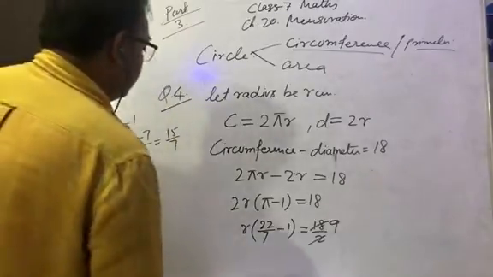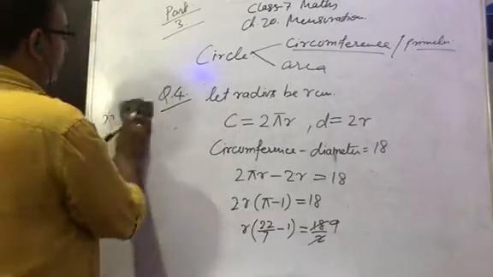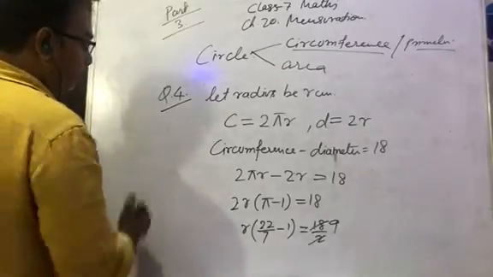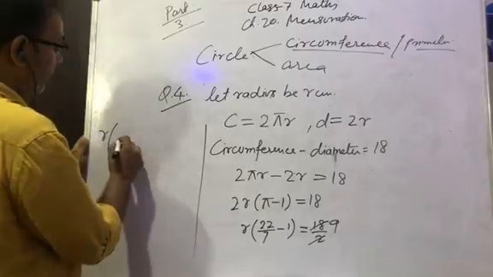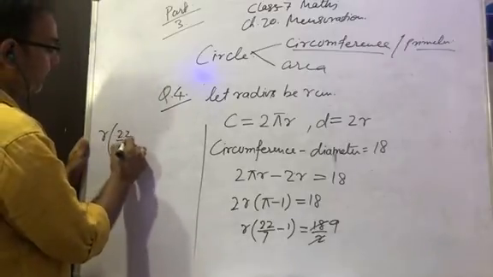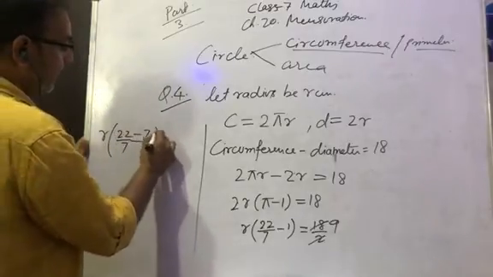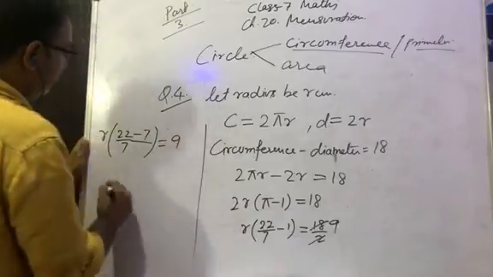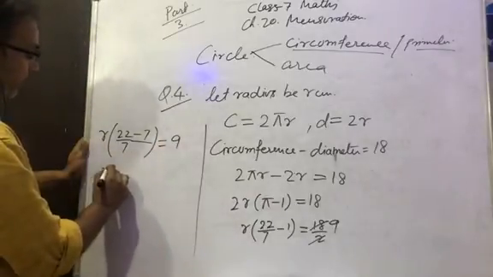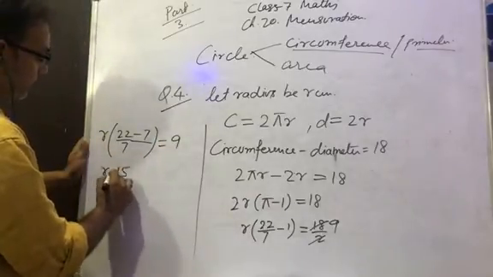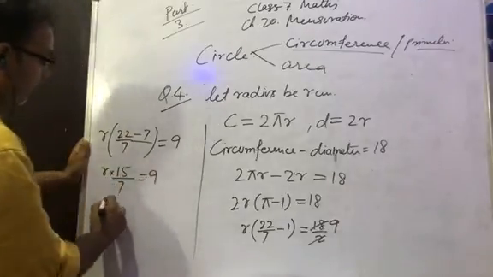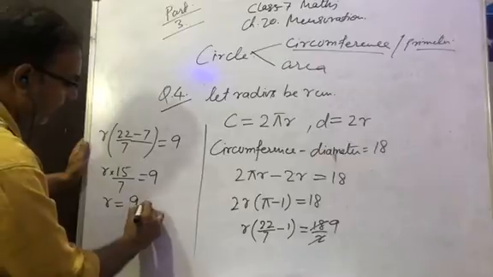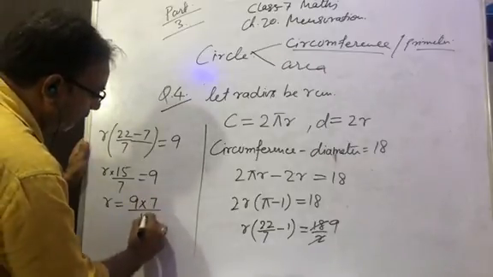So r into 15 upon 7 is equal to 9. Now r is equal to 9 multiplied by 7 upon 15.